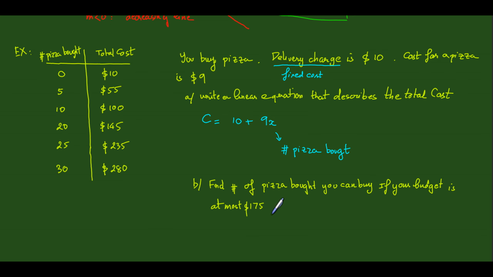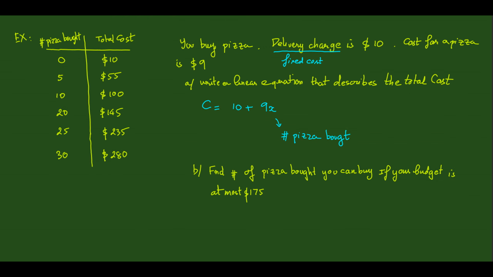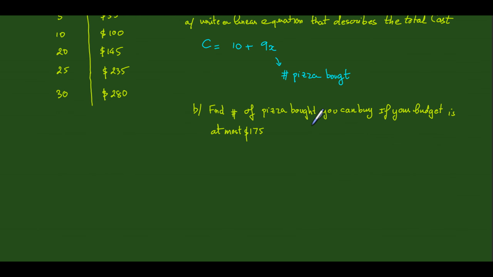You remember when we talked about at most or at least, right? At most, at least is inequality. And they ask you for the number of pizza. I mean, they're asking you for X, right? They're asking you for X. And if your budget, which is the cost, or I can write it like that, if you spend, I think I'm gonna fix that.